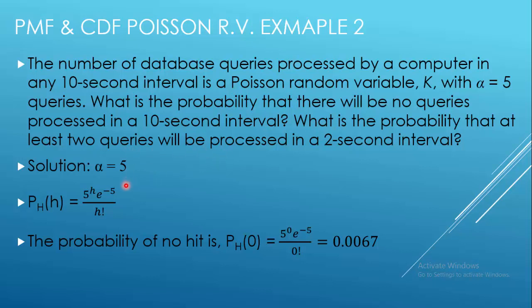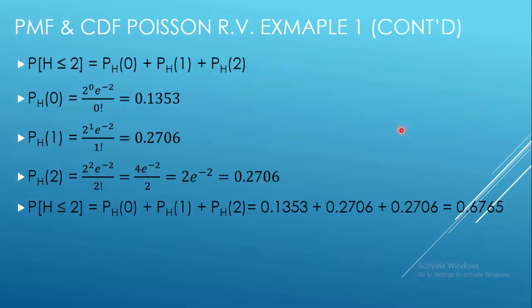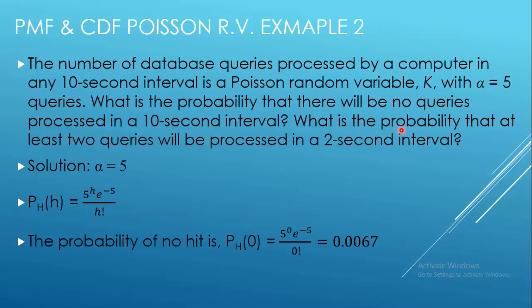So it is very simple over here. This alpha is already given, unlike the previous example where we had to calculate alpha. Here the alpha is already given, so we just place in the value of alpha and we get this PMF equation. Now to get the PMF, we simply plug in the value of h. So the first one is asking what is the probability that there will be no queries.